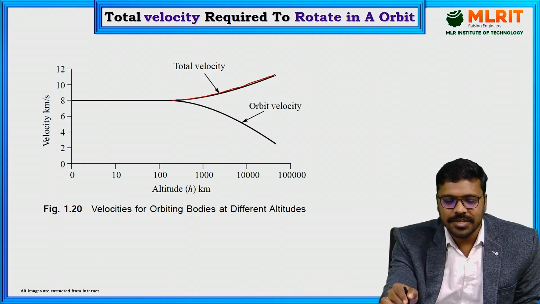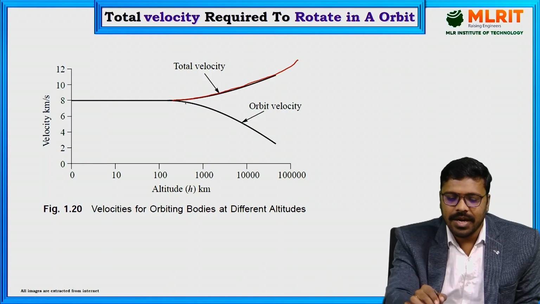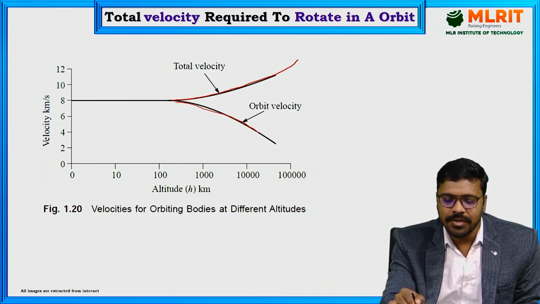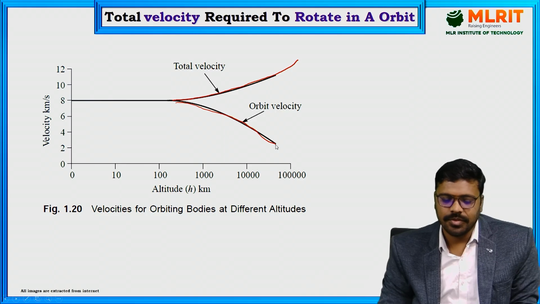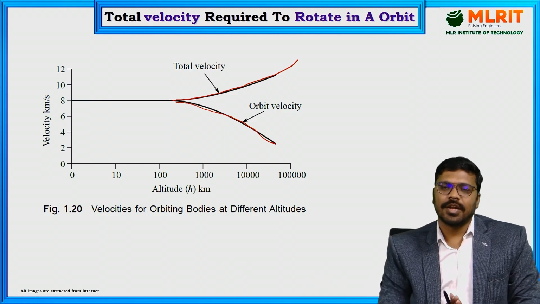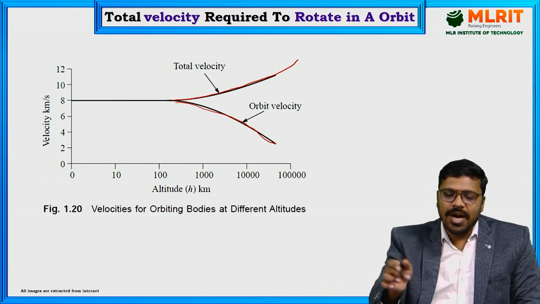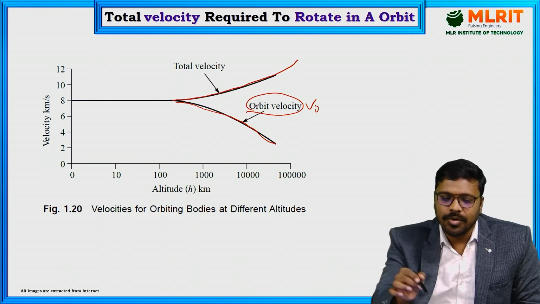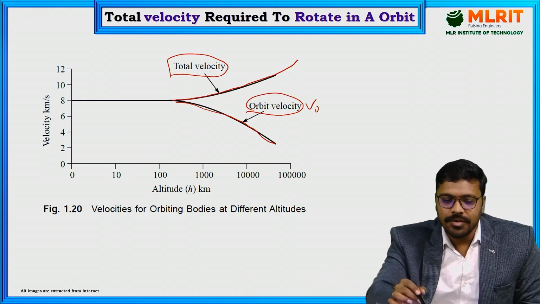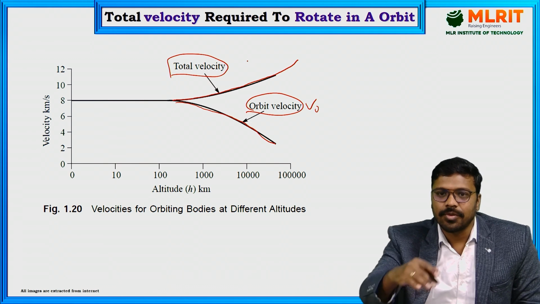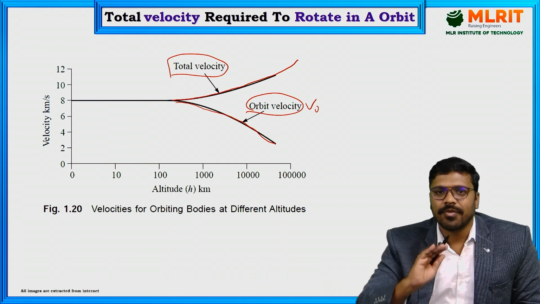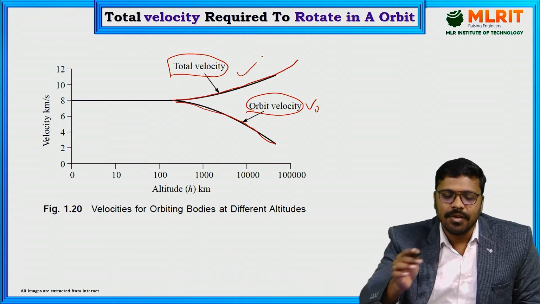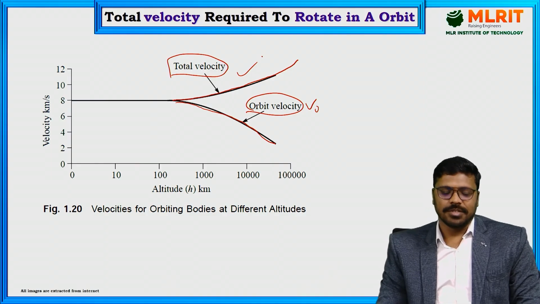The total velocity is increasing with altitude and orbital velocity is decreasing with altitude. So orbital velocity is just the velocity required to rotate in the orbit. Total velocity includes the velocity required to reach the orbit, and also we have to provide the orbital velocity. So that's why it is more than the orbital velocity.